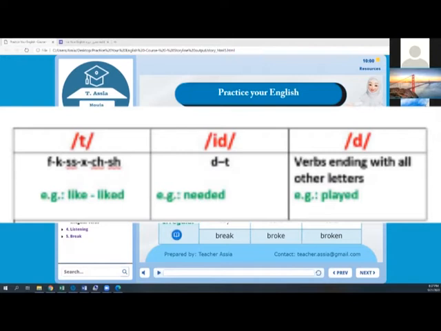So what's the rule? If the verb ends with D or T. Okay? Yes, here you are. If you have a verb that ends with D or T, you pronounce it ed. Needed.